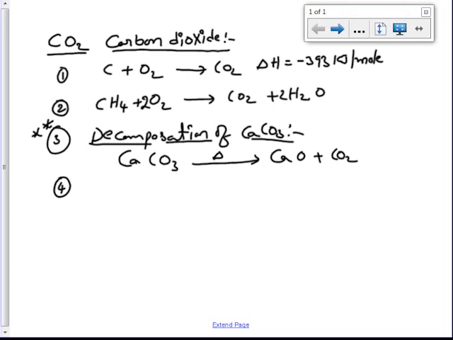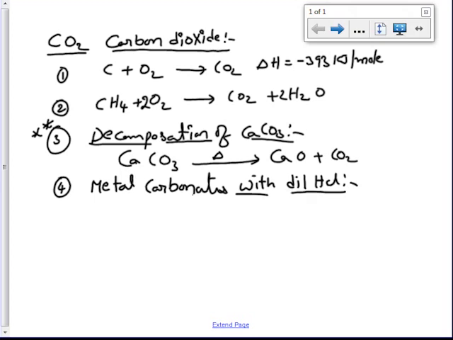Laboratory method: how to prepare carbon dioxide, or otherwise, how to identify carbon dioxide? Carbonates, metal carbonates, on reaction with dilute HCl.